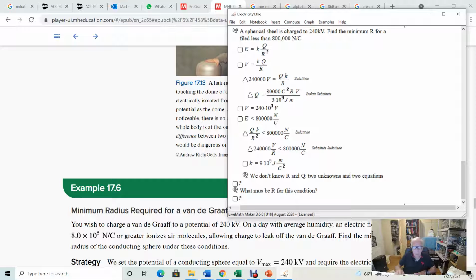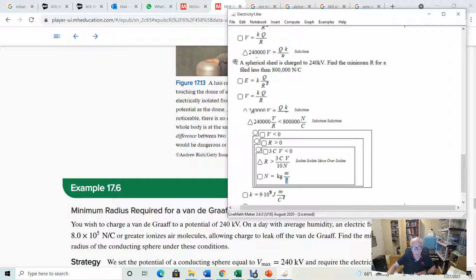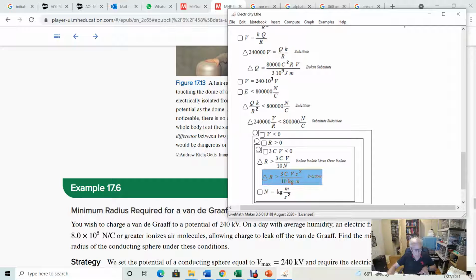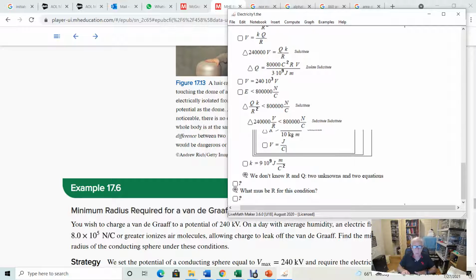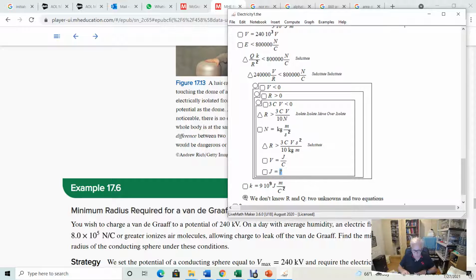Kilograms meter per second squared. And what about volts? Volts is joules per coulomb. And joules is Newton times meter, right?